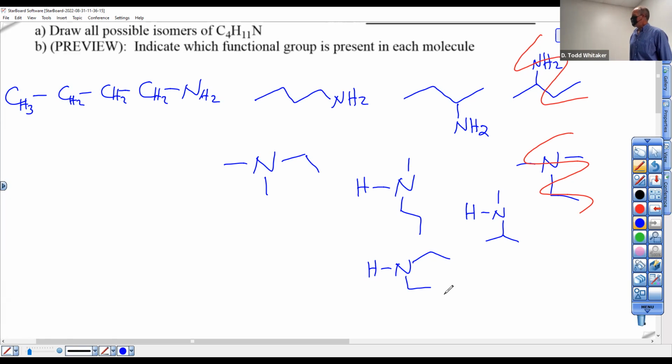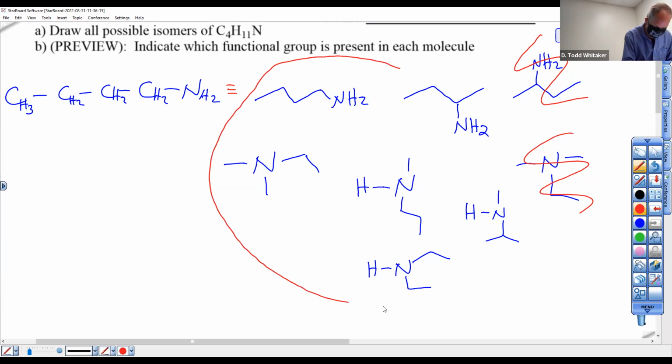Okay. We have them all? The 7 molecules, 1, 2, 3, 4, 5, 6. The first one is the same here and here. Just to be clear, those are equal, right? So I'm pretty sure this is our final answer.